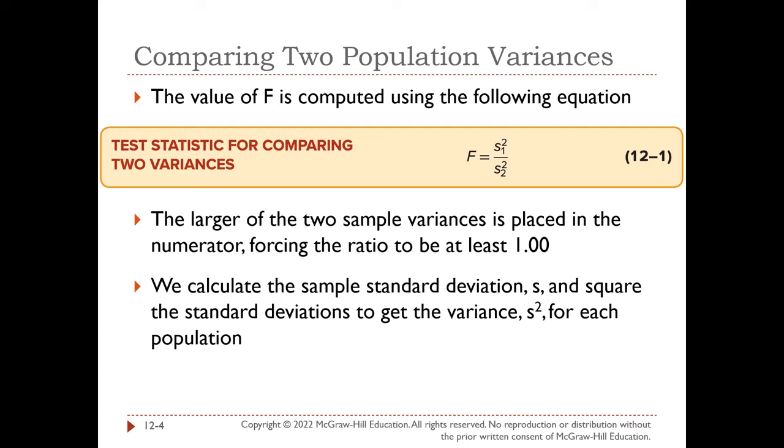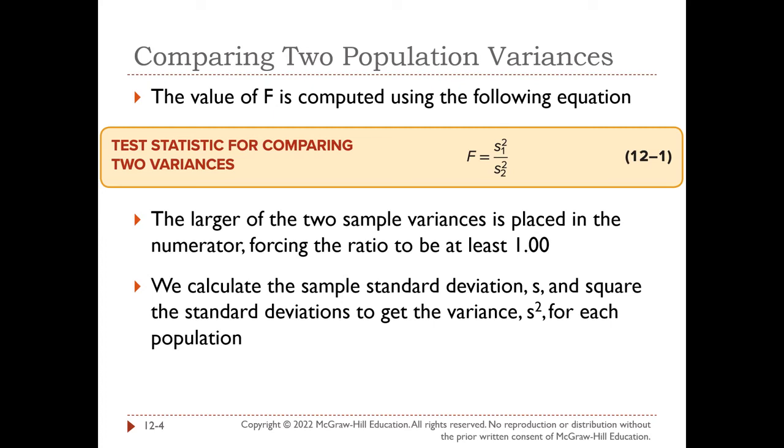The denominator is on the bottom. So always forcing the ratio to be at least 1. We calculate the sample standard deviation, s, and square the standard deviations to get the variances. That's why we have s squared for each population.